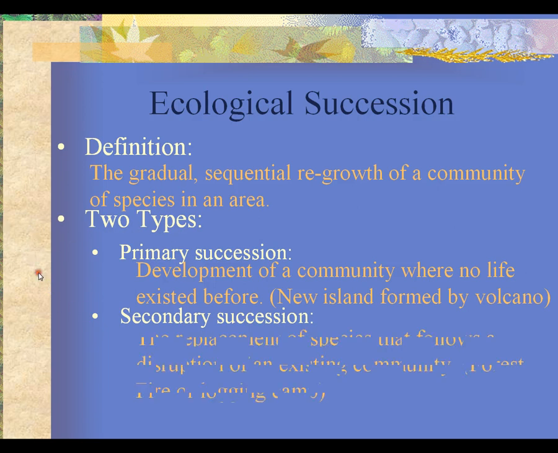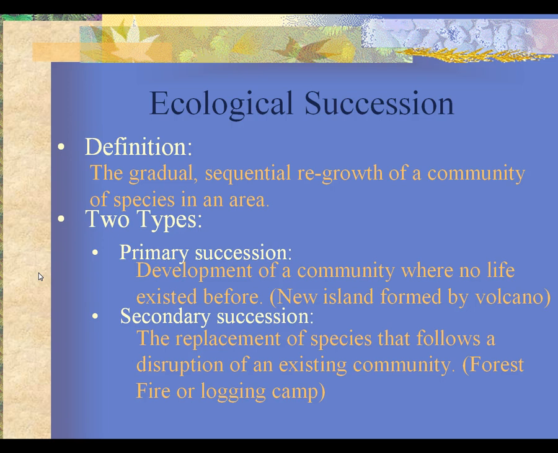Secondary succession is when the ecosystem has been damaged for some reason and there's really not anything left. So a forest fire, or due to human activities such as logging, where we come in and we clear everything out, or when we clear out a field of land to plant crops, and then once the farmland is abandoned and it goes back to its kind of native state, that would be considered secondary succession.